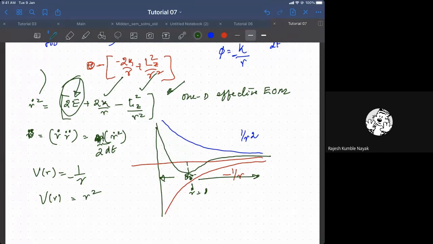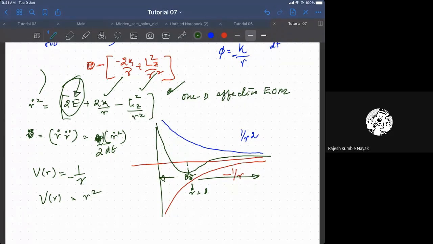Now it is interesting to see that the equivalence principle, which dictates the connection between gravity and the centrifugal force: the centrifugal force can be written with the potential omega square r square, and the gravity can be written with the potential 1 by r.